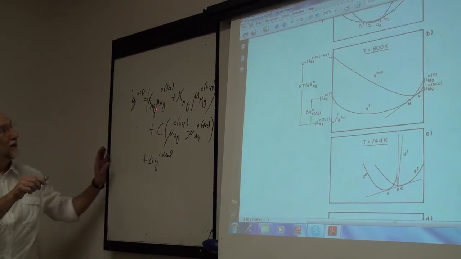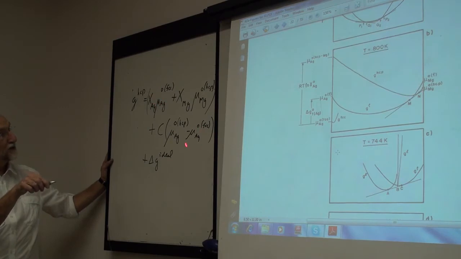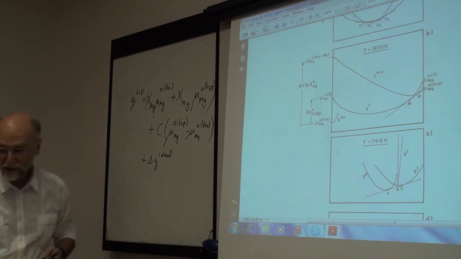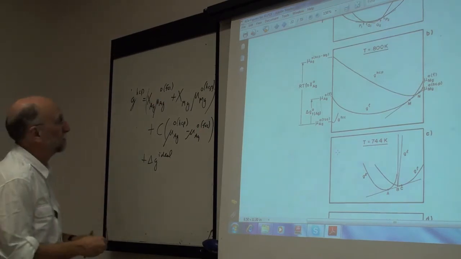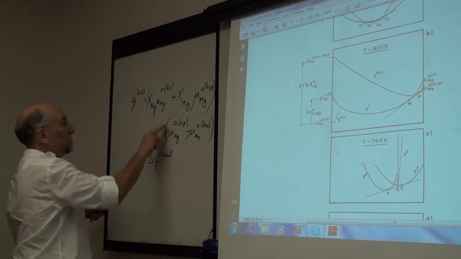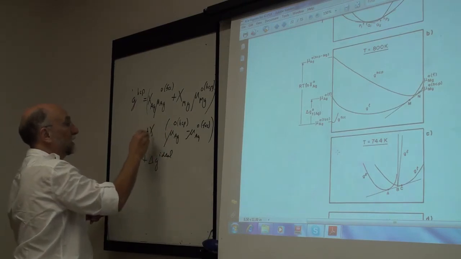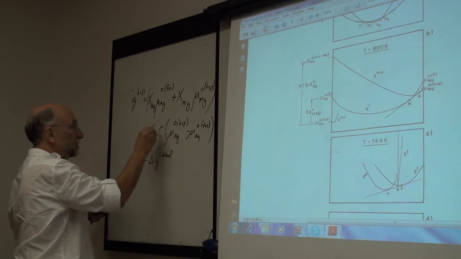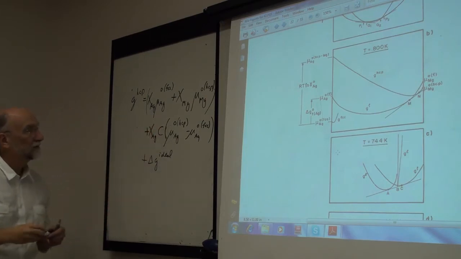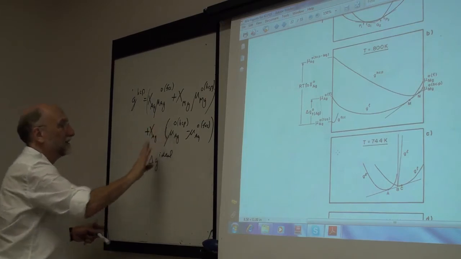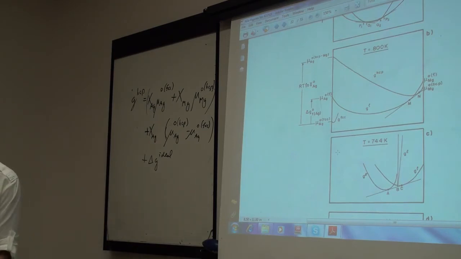So it's gone from this term here, completely cancels out here. Sorry, that should be X magnesium, X silver times C. Start again.